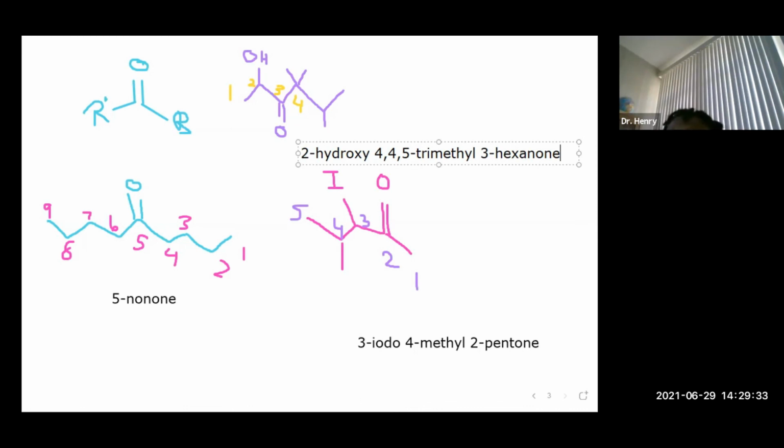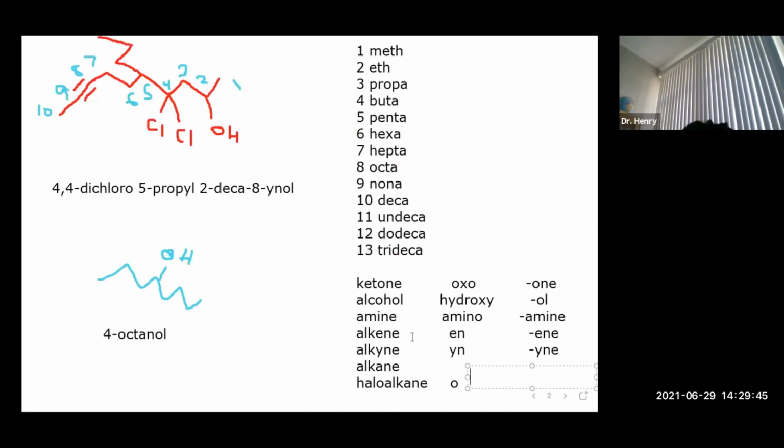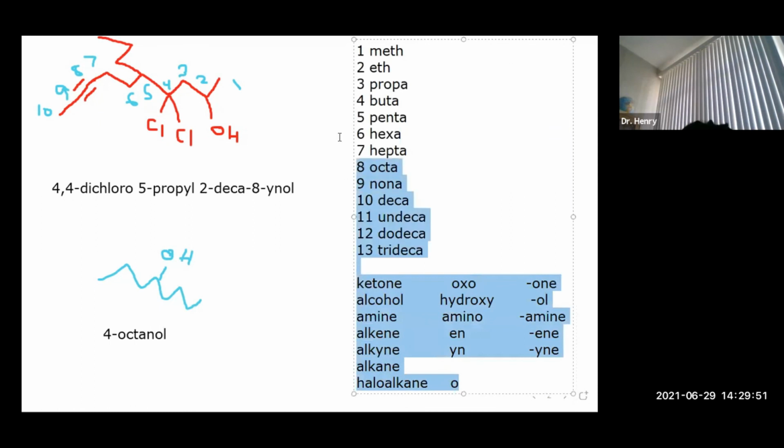Ketone is more important than the alcohol. So then we have to use the prefix for the hydroxy, right? So let me pull up my last slide. Hold on. Okay, you guys remember this part here? I'm going to copy this and bring it over to our page so we can see it.